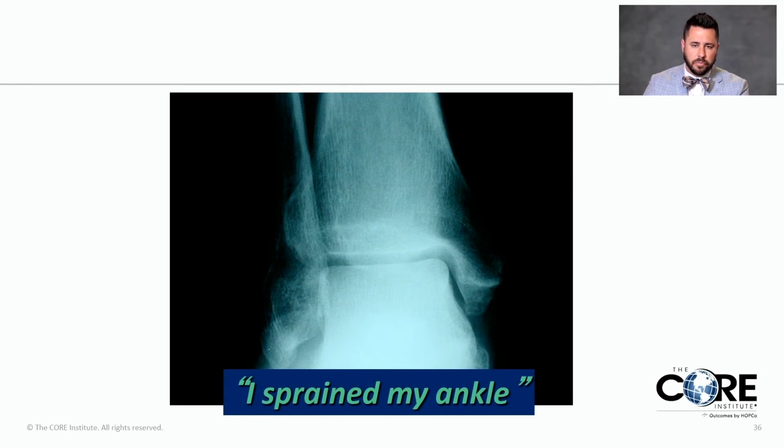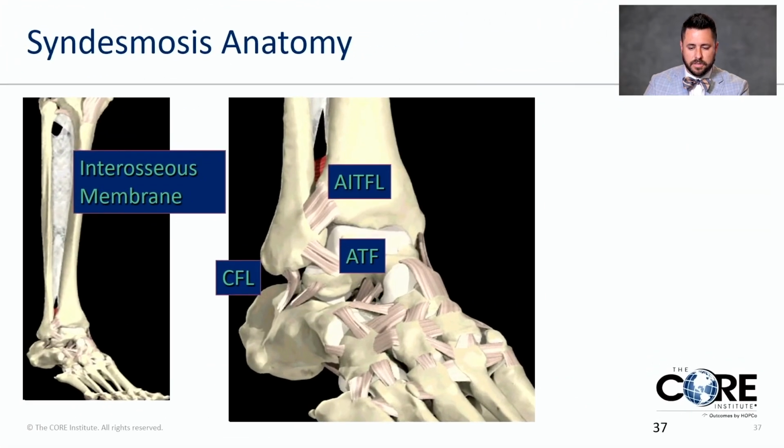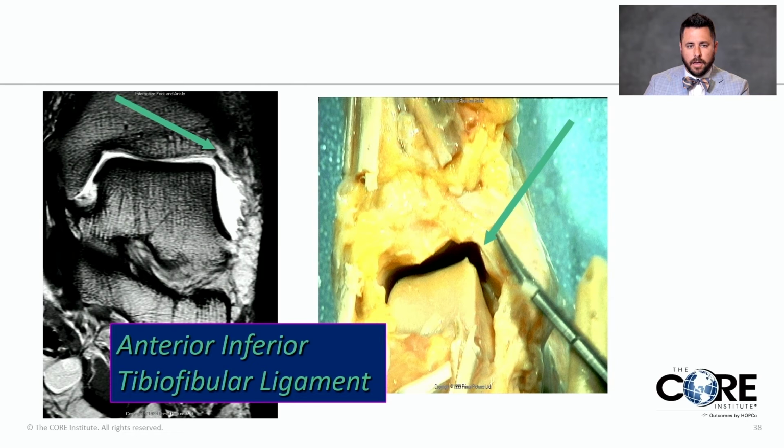This was the original picture that I had shown you. And if you look at the x-rays, the x-ray looks very good relative to the image I showed you with all the bruising. We start to go back to those ligaments and think about what's going on and identify that this is mostly a syndesmotic injury, that high ankle injury.